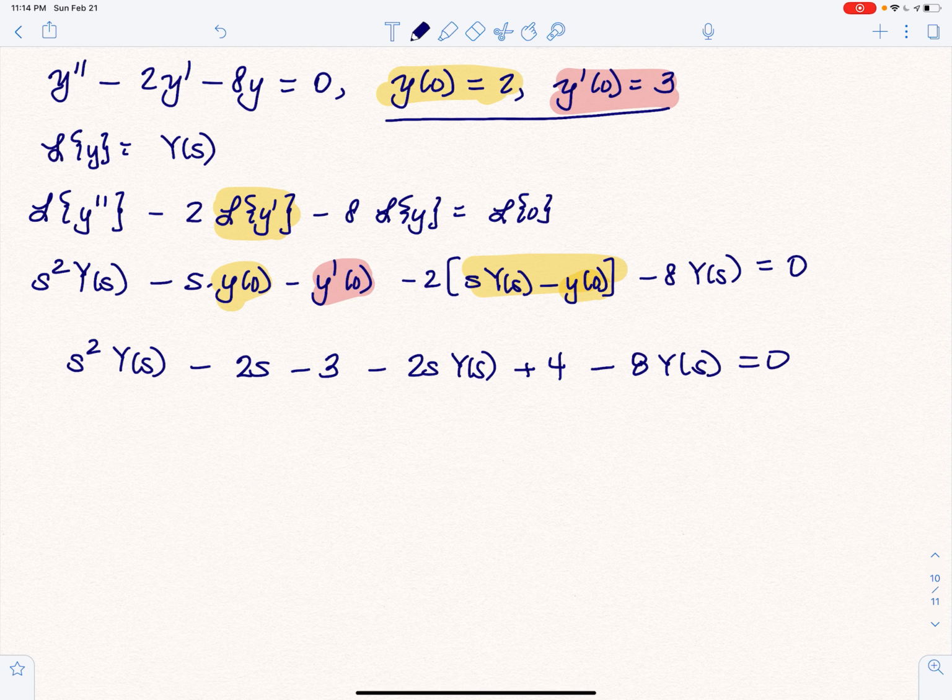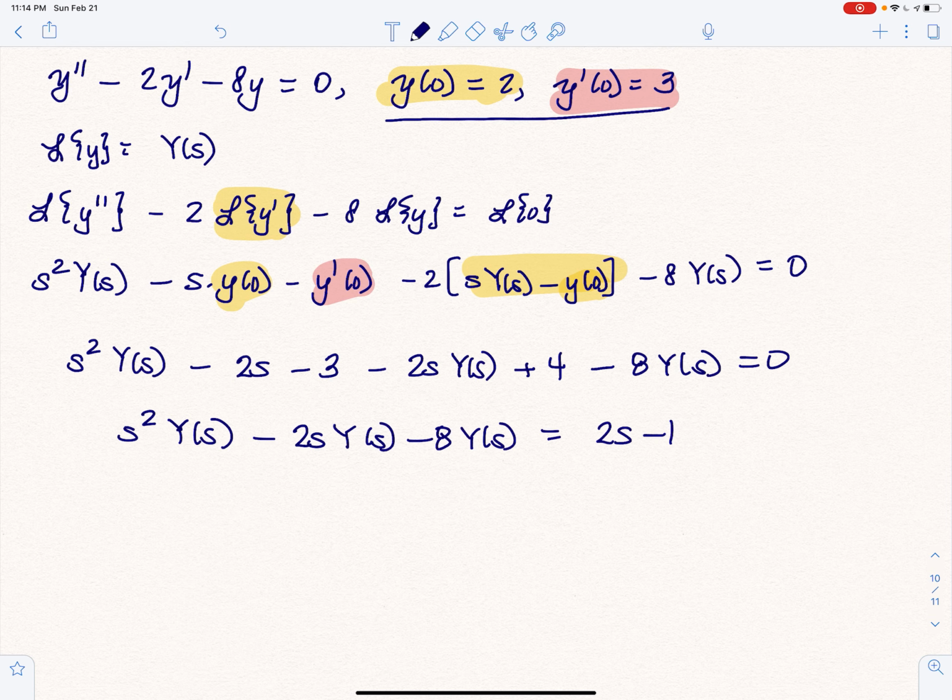So we're going to solve this for Y of s. So I'm going to keep all the Y of s terms to one side, and move all of the non-Y of s terms to the other side. So you notice there's a negative 2s there, so that's going to be positive 2s over here. Minus 3 plus 4 is plus 1, so that's going to be minus 1.